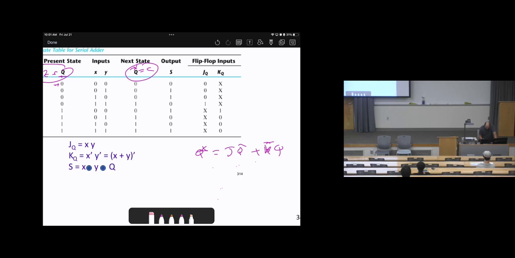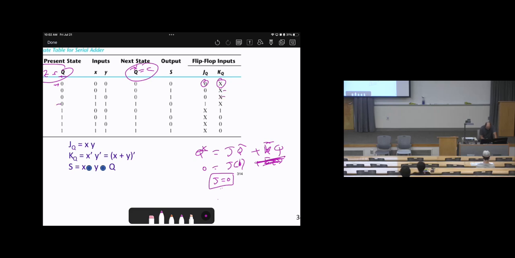When Q star is 0 and Q is 0. So here is 0 plus J times 0 bar, which is 1, plus K bar times 0. So this will be removed, then J should be 0. Therefore, we make J 0. Since K bar is removed, then don't care because it's been removed. Okay? Then that happened for the following states.